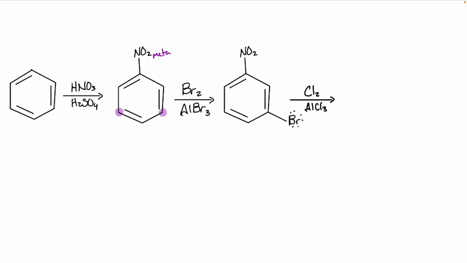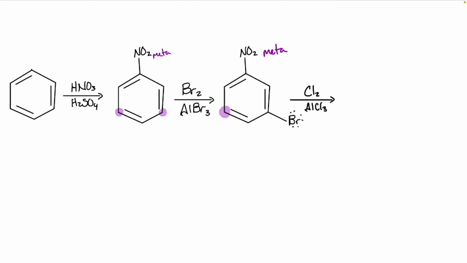All right, so the question is, where does that chlorine go? In which one of these positions? Okay, and we said that this nitro group was a meta director. So the nitro group is going to try to direct this incoming substituent to the position that is meta to the nitro group.